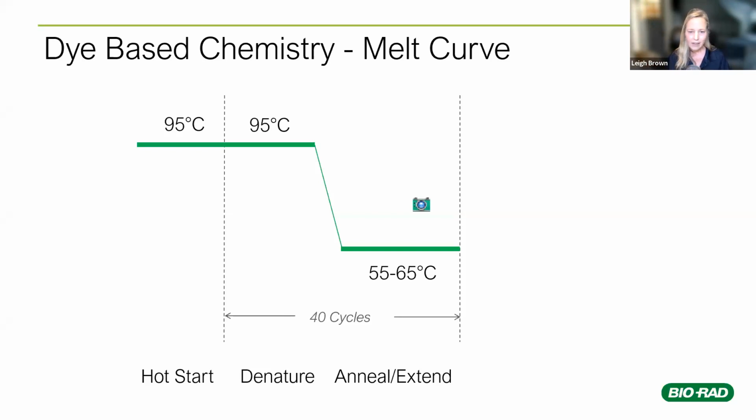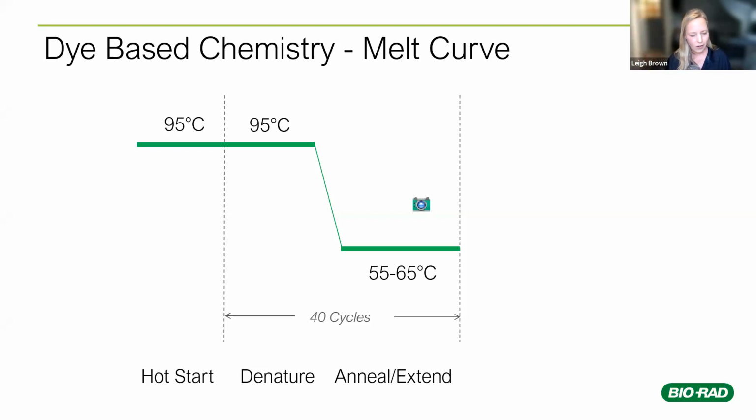So you don't necessarily have to go up to 72 like we were looking at before. This is often, I think always probably, preceded by a 95-degree hold, where a polymerase blocking agent will break down and activate the polymerase, right?